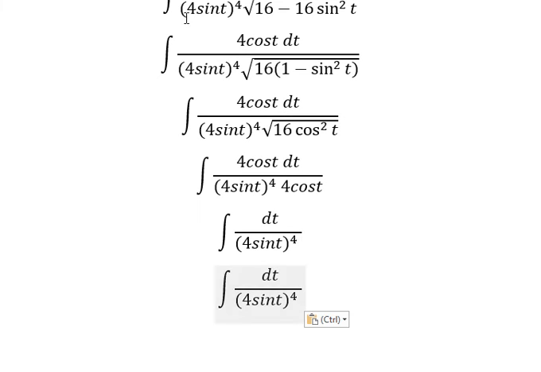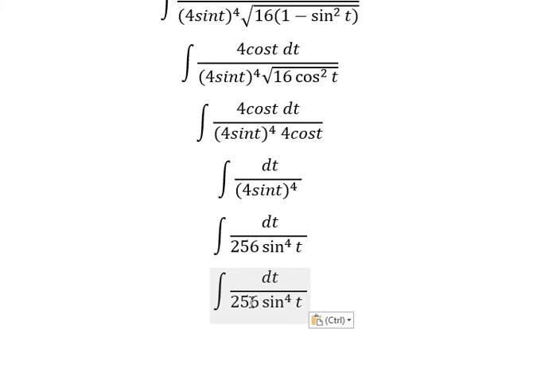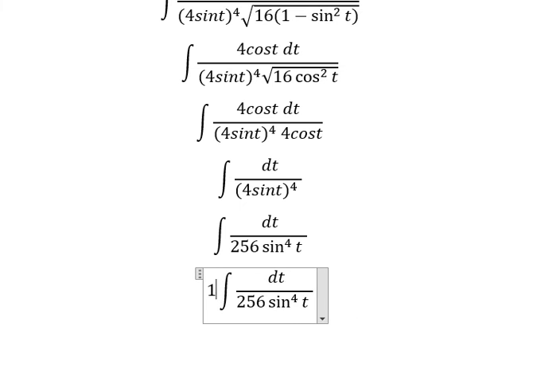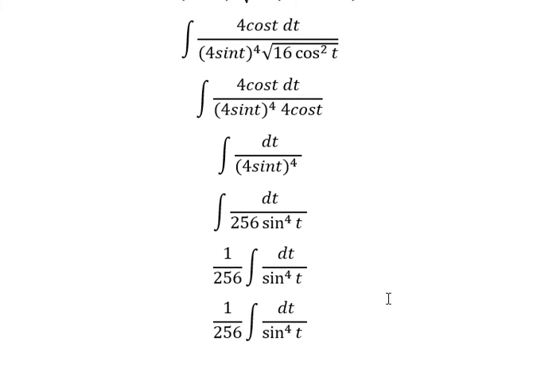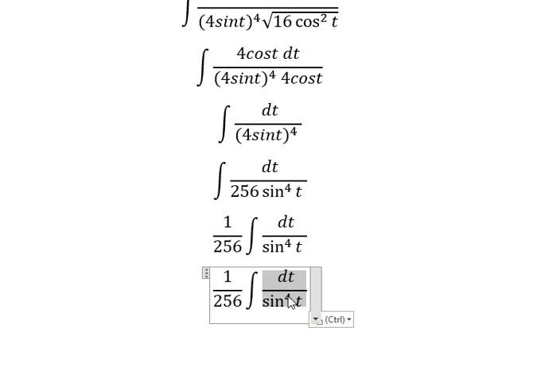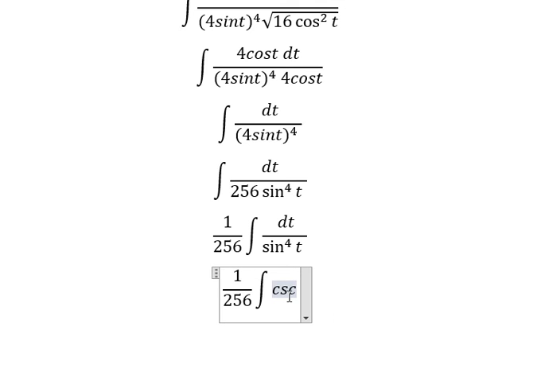Four to the power of 4, we have 256 sin t to the power of 4. So I will put this number outside. And this one I will change into cosecant of t to the power of 4.